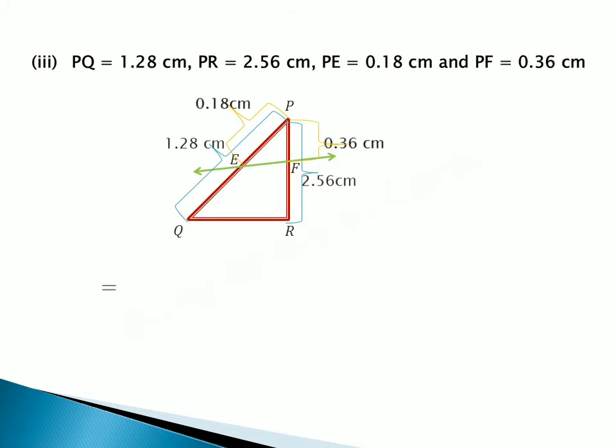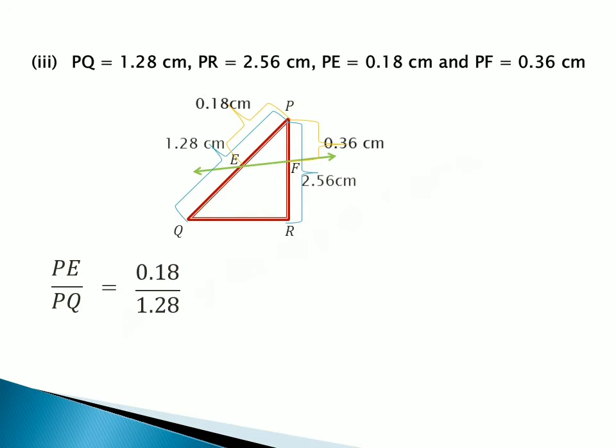You can readily write PE by PQ and PF by PR by the converse of corollary of BPT. You already know the corollary of BPT. If you want to write the reason for this, you write converse of corollary of BPT.